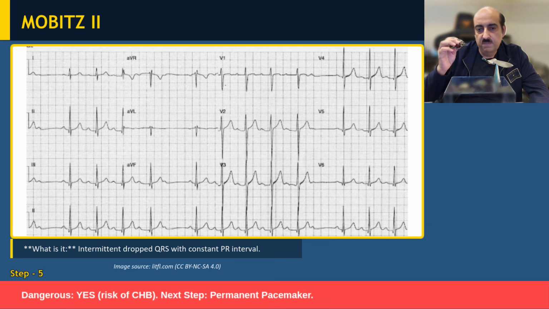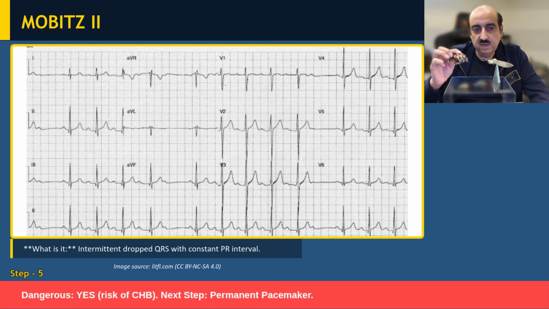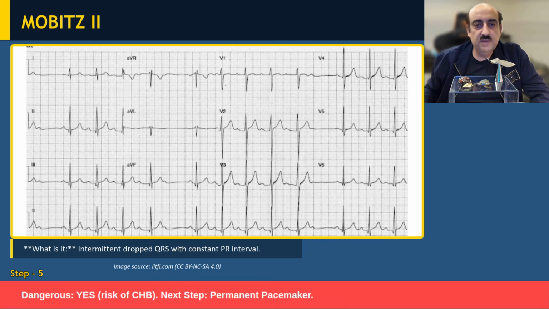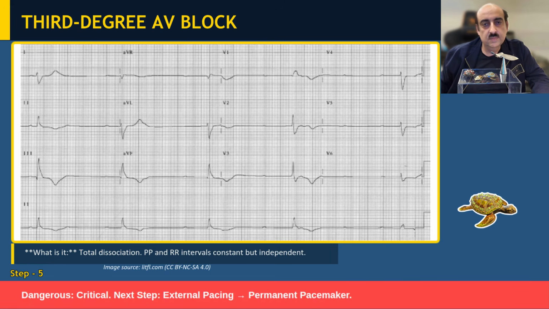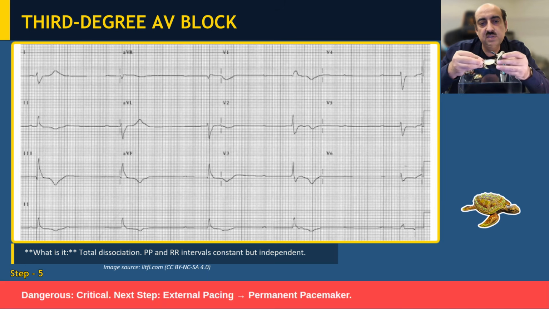And hence the brady turtle shows us the failure of conduction or the slow conduction. However, the techie beetle signifies the importance of the risk of arrhythmias and sudden cardiac death. So that's why it's really important to intervene early. Third degree complete heart block is signified by our classic brady turtle here. As you can see, it's very, very slow conduction.